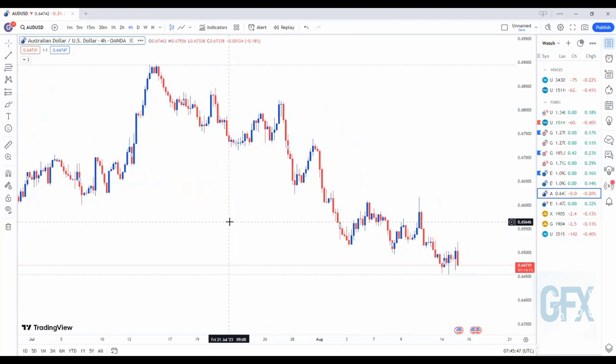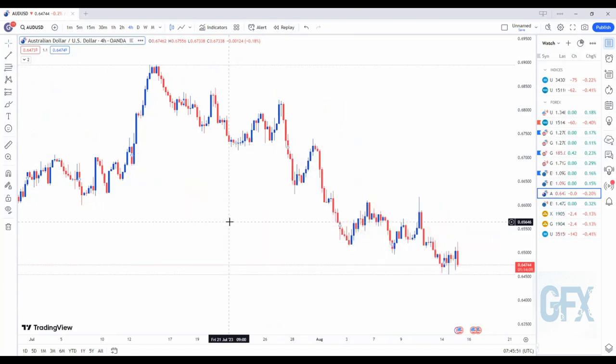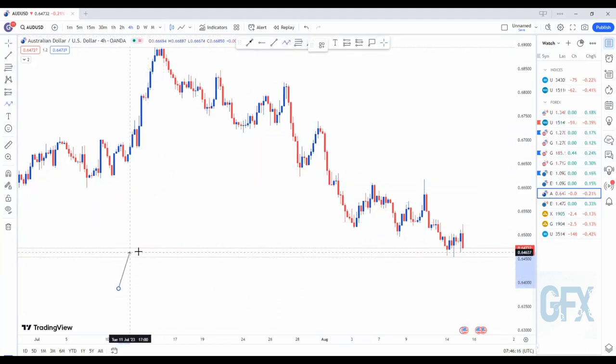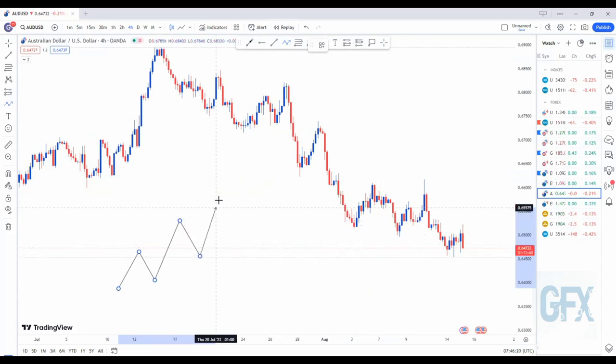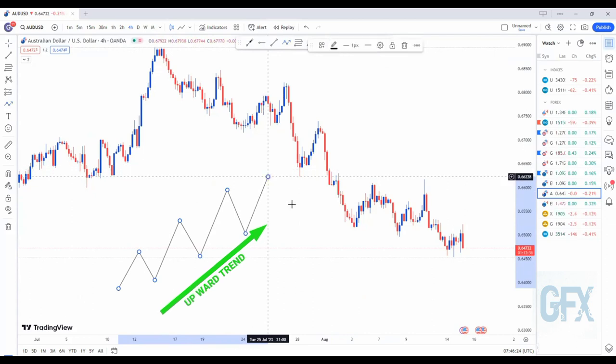So first of all, identifying the trend. And how do you identify the trend? It's very easy. If price keeps on making higher highs and higher lows, new higher highs, new higher lows, then we are bullish.